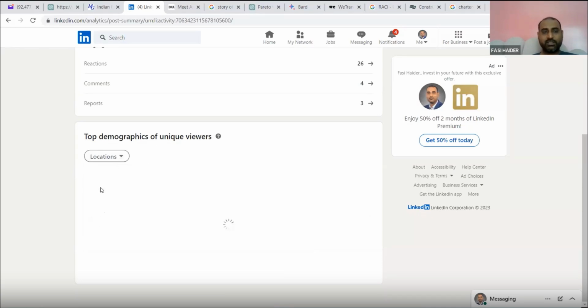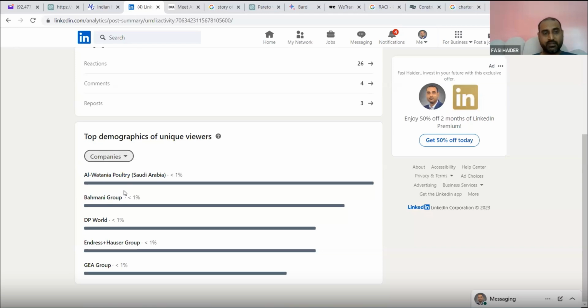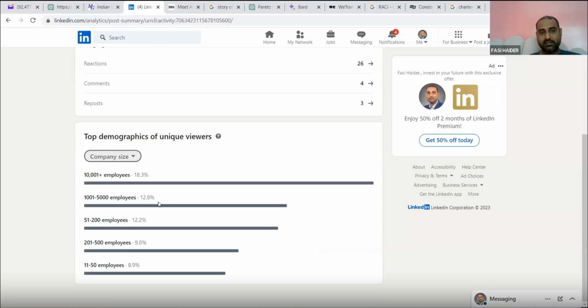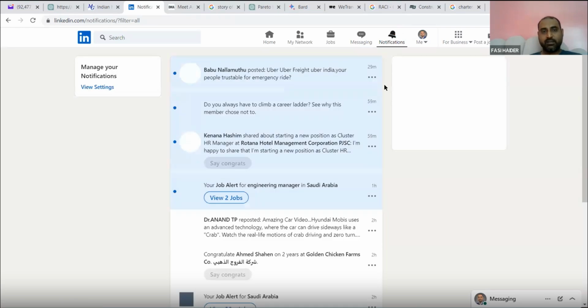By location, from Delhi 4.4, UK 1.9, Mumbai, Pune, Greater Leeds, UK. These are the major ones. Companies include Behmani, DP World, Gia Group. Company size of 10,000-plus employees is 18%. So you can see how your response has been received by the people.